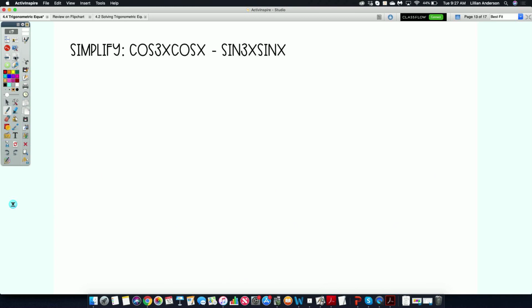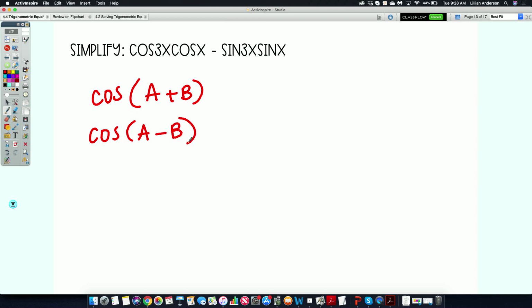What about this? You're asked to simplify. What does this look like? Cosine compound angle. Okay. Well, in cosine, I have an A plus B, and I have an A minus B. Which one is it?